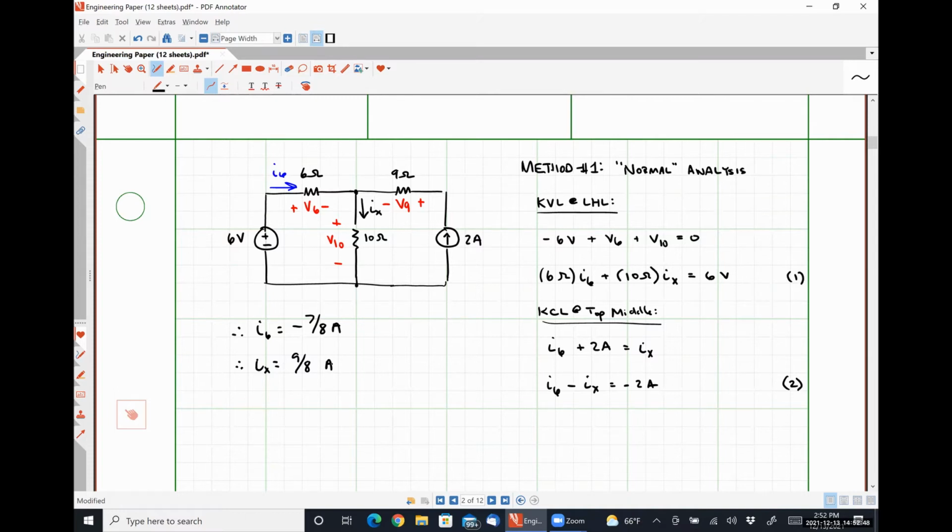While it's pretty easy and straightforward for me to do that, how many of you would have thought of applying KCL and KVL and setting up a system of equations? Probably not many of you, right? So I would argue that a circuit like this, I don't want to call it trivial, but it doesn't have a whole heck of a lot of elements.